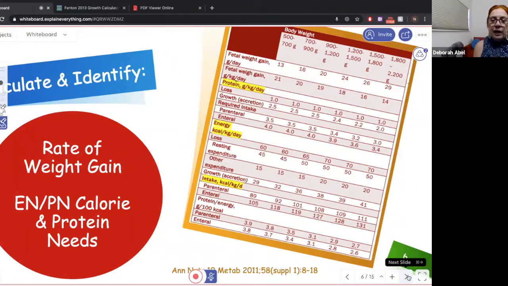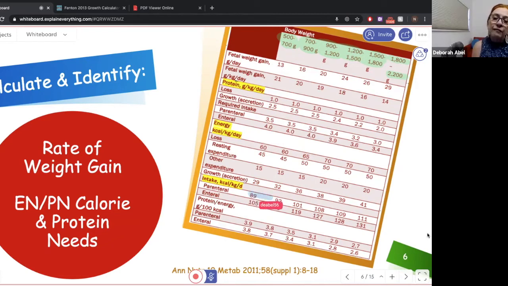And on this slide, we're going to specifically use Ziegler's data. It is divided into birth weights. So a couple things. If you have an infant and you don't know which column to use, you can just use a range from 89 to 92 calories per kilogram.